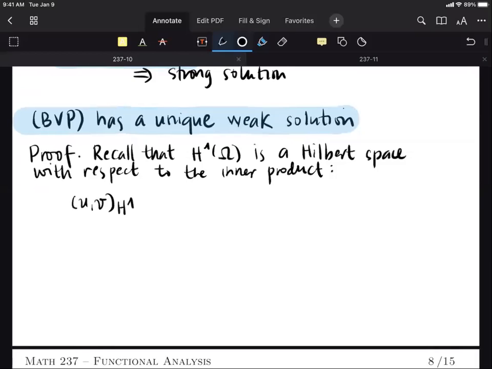Here we will not emphasize the domain in writing the inner products, for simplicity. This is the same as the L2 inner product, and we do not explicitly write the variable of integration, plus the gradient of u dot the gradient of v, dx.